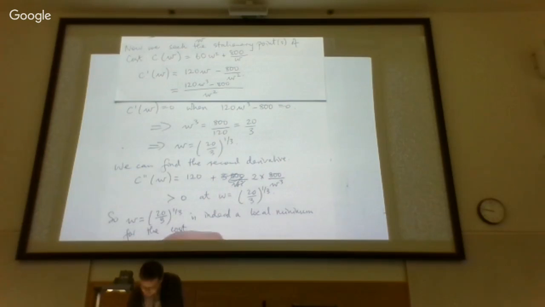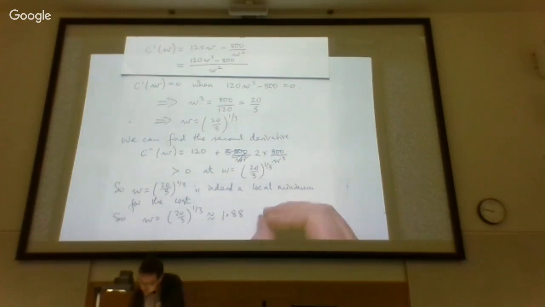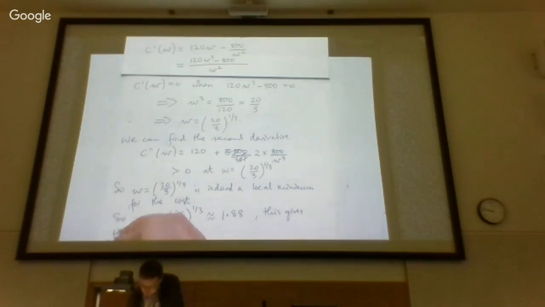So if we take w as the cube root of 20 over 3, which is approximately 1.88 to two decimal places, this gives the required minimal cost box.